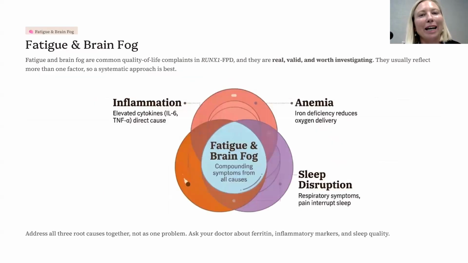Okay, fatigue and brain fog. These are not uncommon either. This is also coming out in our RUNX1 patient data hub, and they are very real, but they're not usually caused by one thing, but by a combination of factors. And we've talked about a lot of these now in this talk. There's inflammation, there's potential for anemia in women if they're not being managed effectively, sleep disruption because of allergies, and so all of that can contribute to fatigue and brain fog.